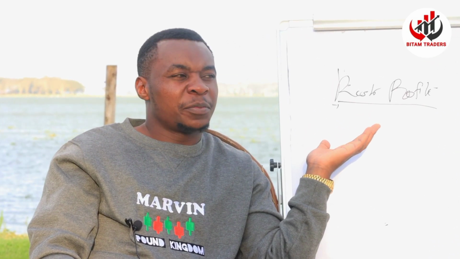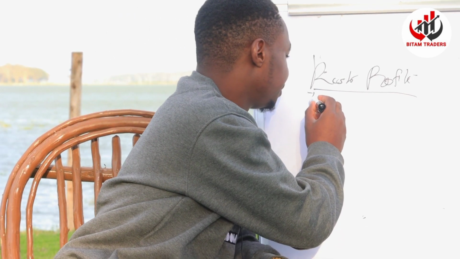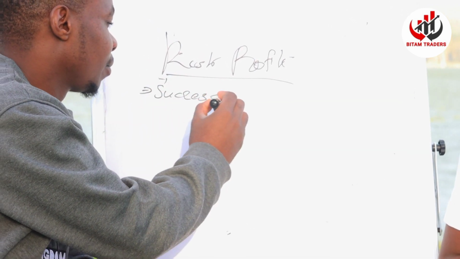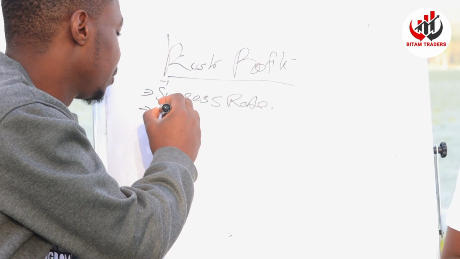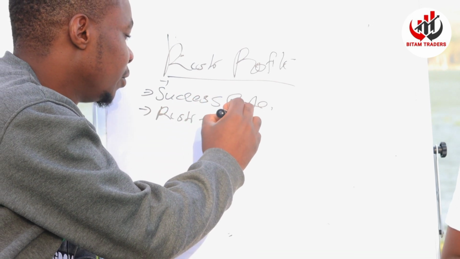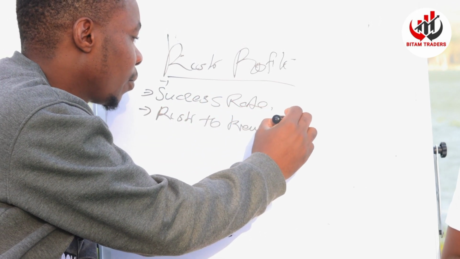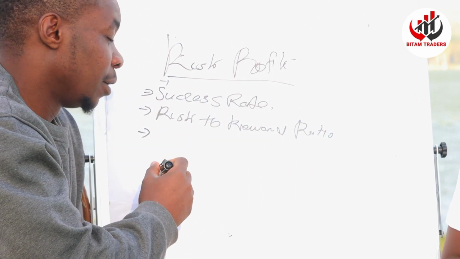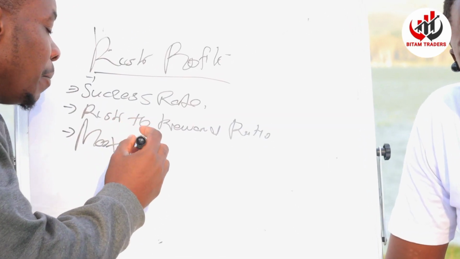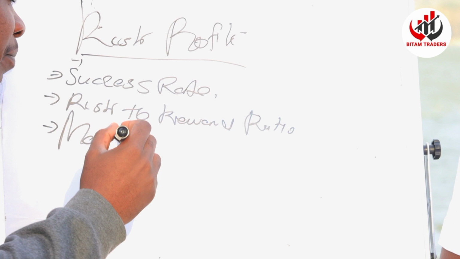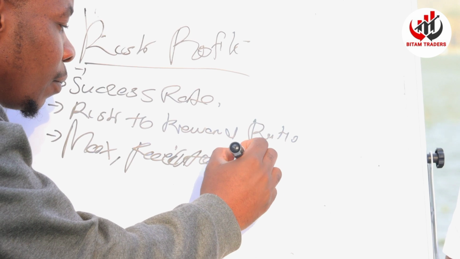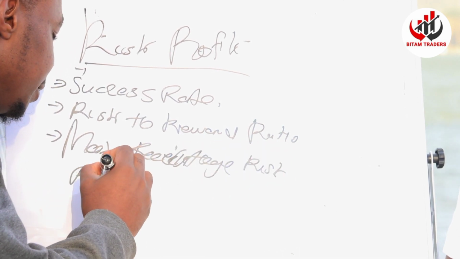On this profile, we're going to have 3 things. 1, the success rate of your strategy. 2, risk to reward ratio. 3, the maximum threshold amount, or maximum percentage risk per trade.